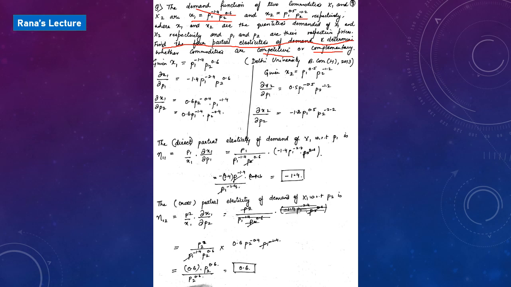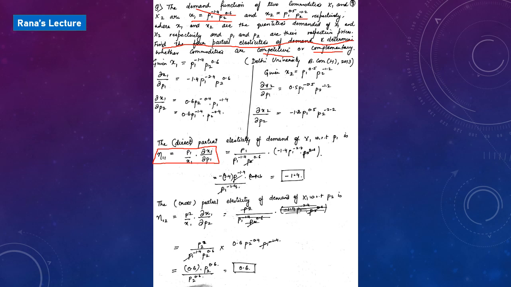This is what we have to calculate. Eta 11: first we have to calculate delta x1 by delta p1 into p1 by x1. It means we have to calculate delta x1 by delta p1, right?